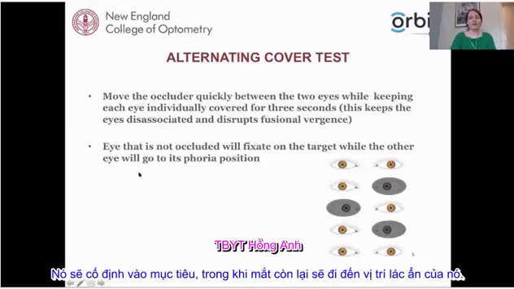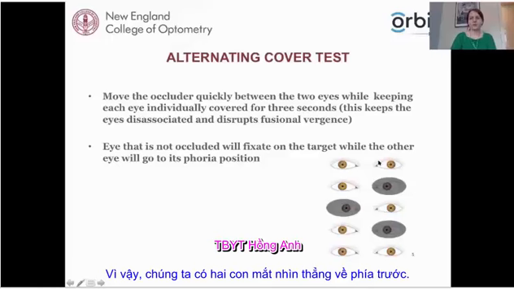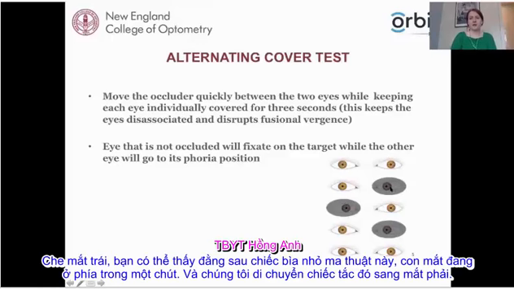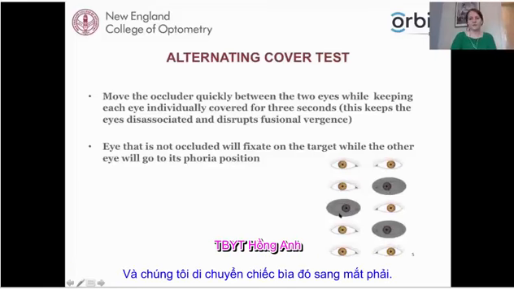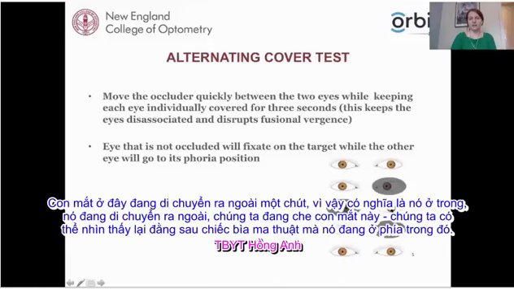So the eye that is not occluded is going to fixate on the target, while the other eye will go to its phoria position. So here we have 2 eyes straight ahead. Covering the left eye, you can see behind this little magic occluder here that the eye is a little bit in. When we move that occluder over to the right eye, this eye right here is moving out a little bit, so that means it was in, it's moving out.